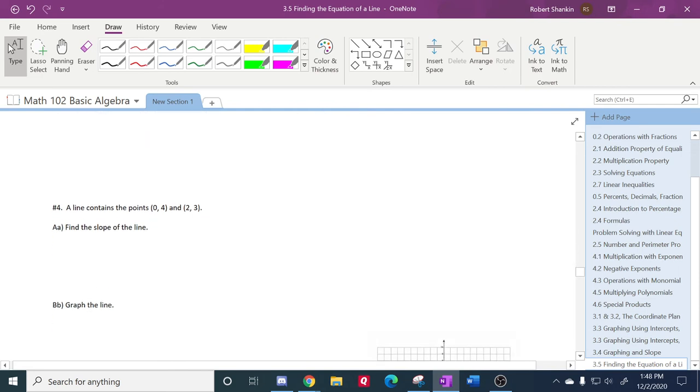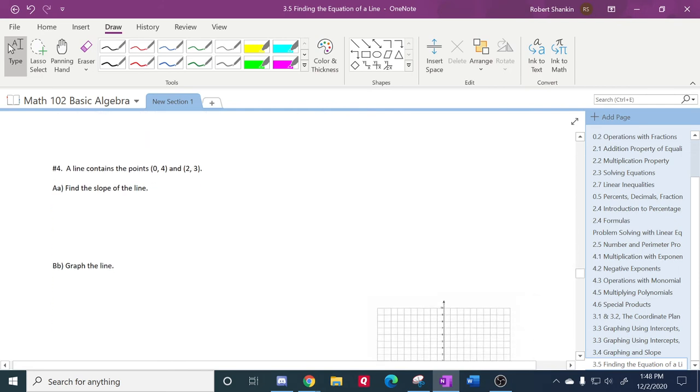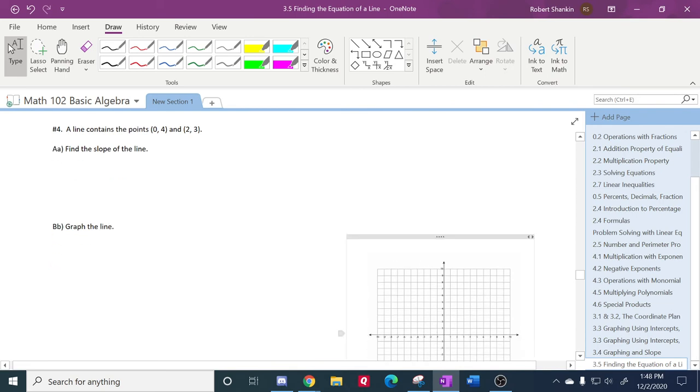Alright, so now we're going to change it up slightly. A line contains these 2 points. Find the slope of the line and graph the line. So let me give you a minute for that.